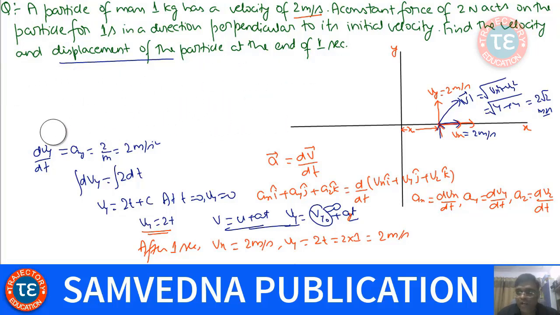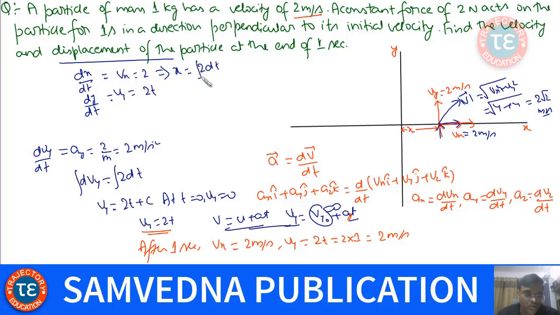Let's talk about displacement. See, we got Vx and Vy. Vy was 2t. So Vx is what? Dx by dt. This is dy by dt. So if you integrate it, what do you have? X equals to integral of 2 dt plus some constant. So it is 2t plus some constant.